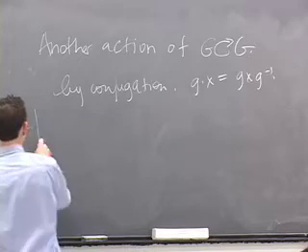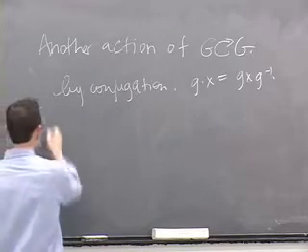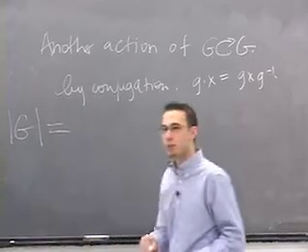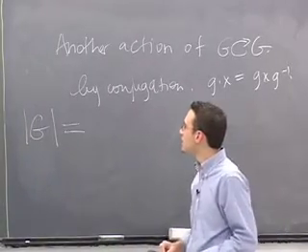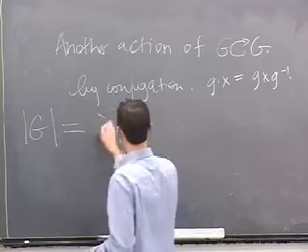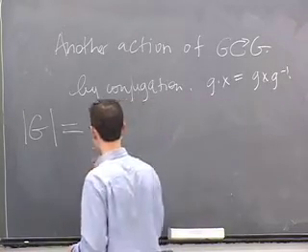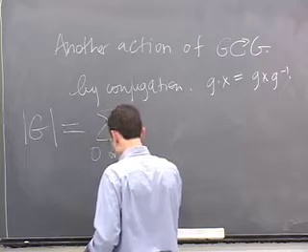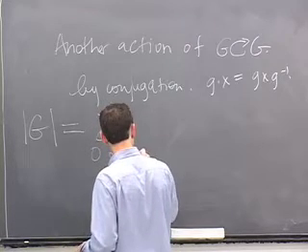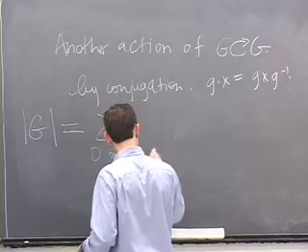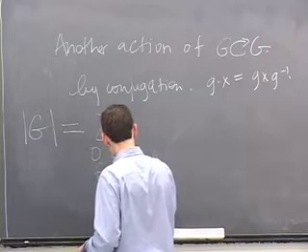So if I look at the order of G, then I know that I can break it up into the sum of the orders of the orbits for this action. That's true in general. This is the sum over all of the orbits in G for this action.